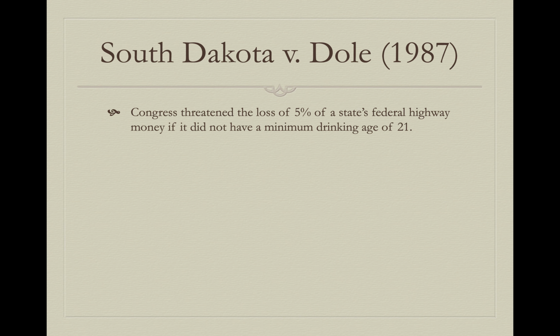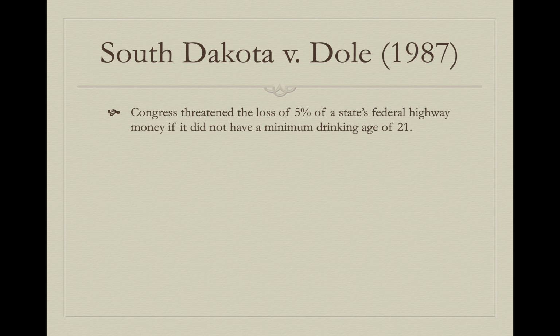Right? So if Congress can't directly regulate that aspect, can it indirectly regulate it? Can it offer, as the court says, mild encouragement? And here, the court upholds this spending power, this deal, you could say, that Congress is trying to strike with the states.